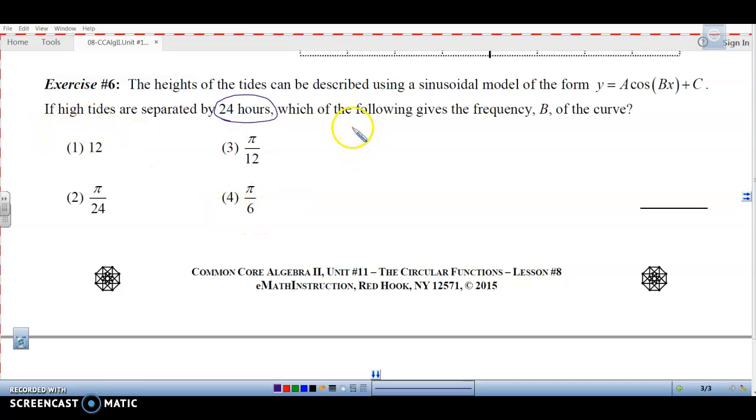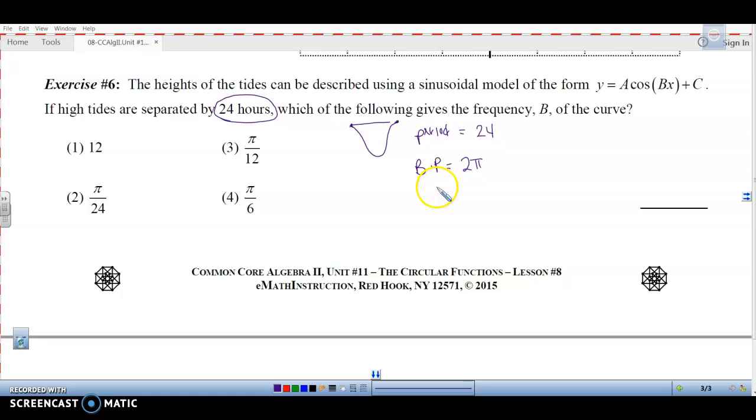So for cosine, it starts at high tide, and then it goes and it comes back up. So going from high tide to high tide, isn't that the period of the graph? So the period is going to be 24 hours. To figure out the frequency, remember we know b times p is equal to 2 pi.